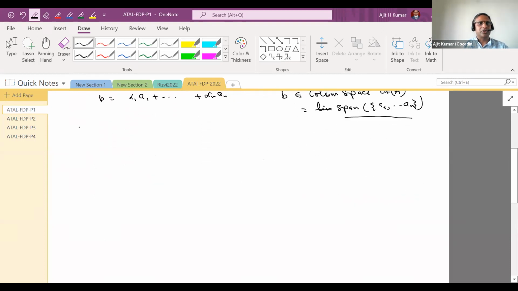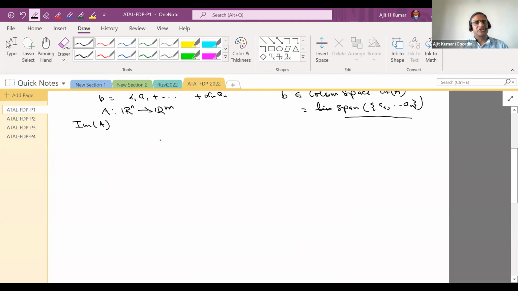Now, if you look at the image space of A, by the way, here A is a matrix which is M cross N. So this is a linear function from Rn to Rm. In fact, that is how we can visualize a matrix. It's a map that takes vectors with n components to vectors with m components.